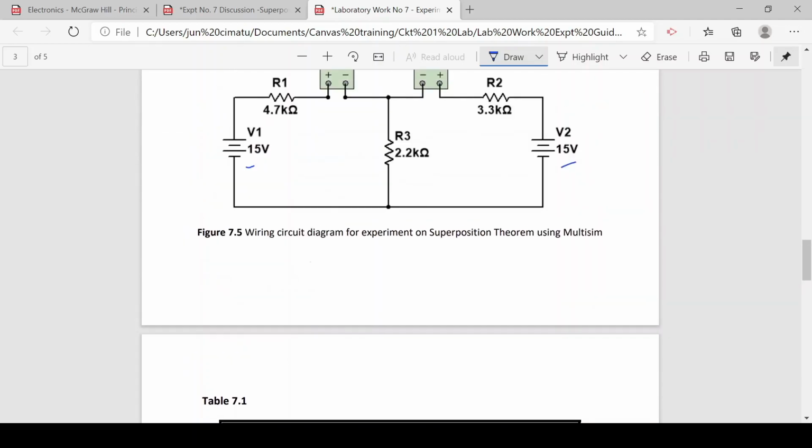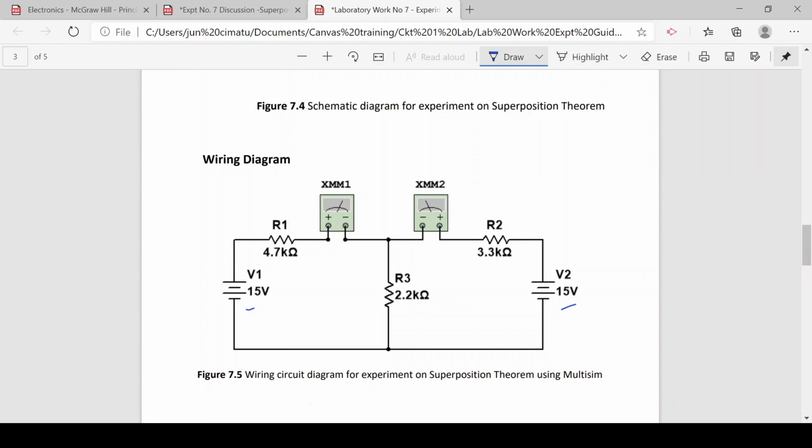So to deactivate B2, remove the voltage source B2.